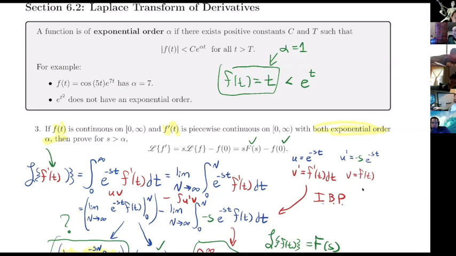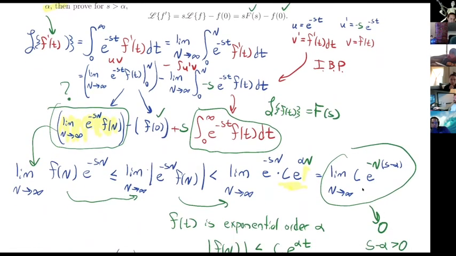So for an exponential order, do we know if it's going to converge or diverge, or this doesn't tell us? Yeah, this is going to converge, because I can replace f with this function, and then we can find values for s that are going to guarantee that this thing goes to 0. Okay, thank you. Yep.